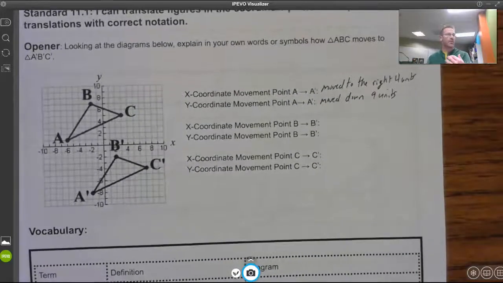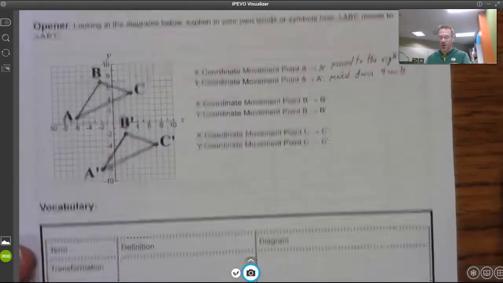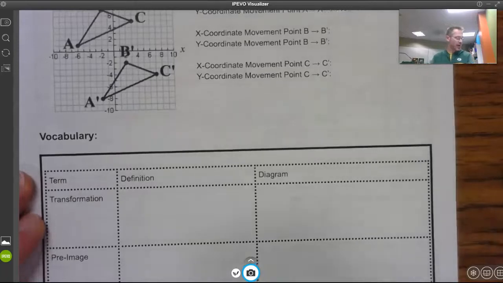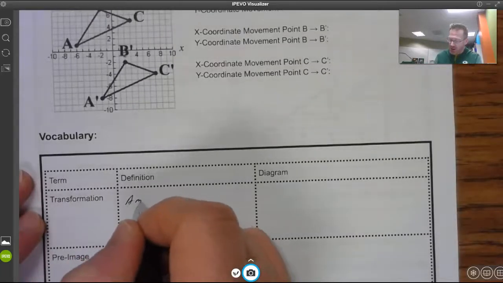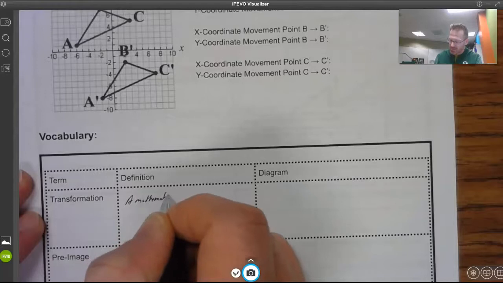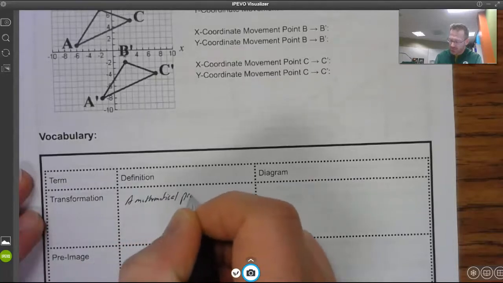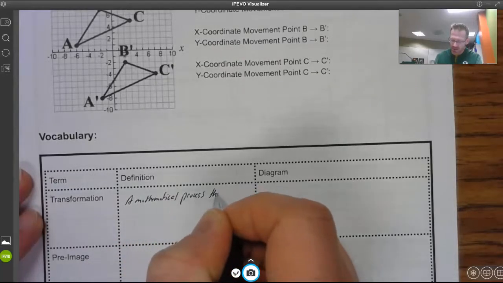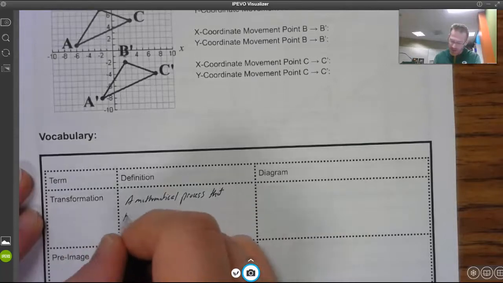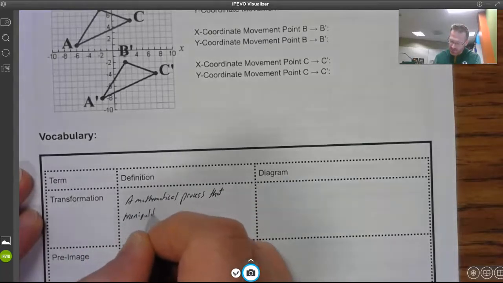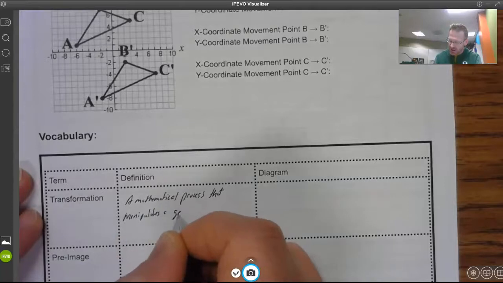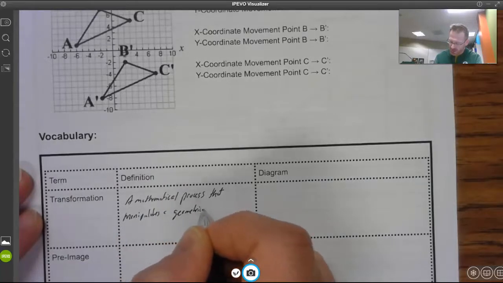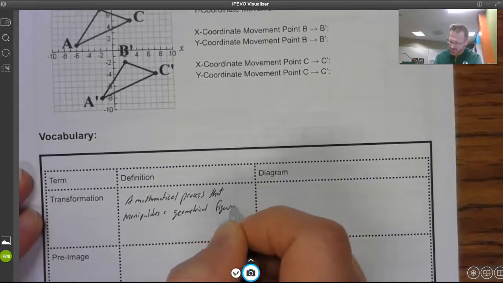Now, if we go down to the vocabulary here, a transformation is a mathematical process that manipulates a geometric figure.